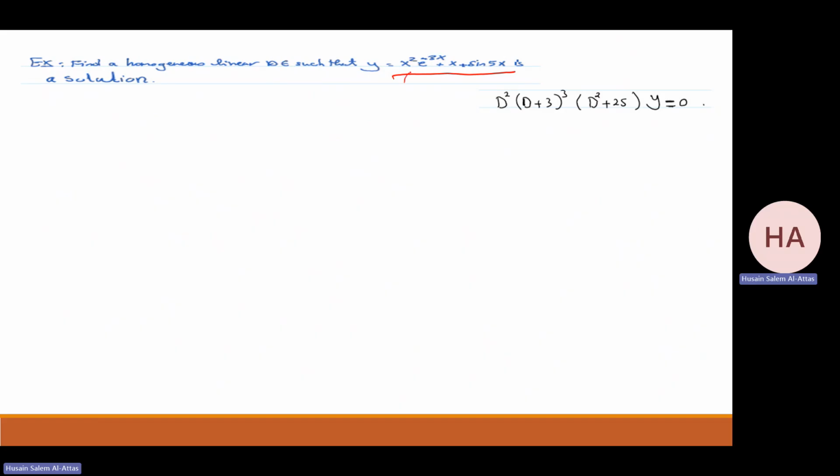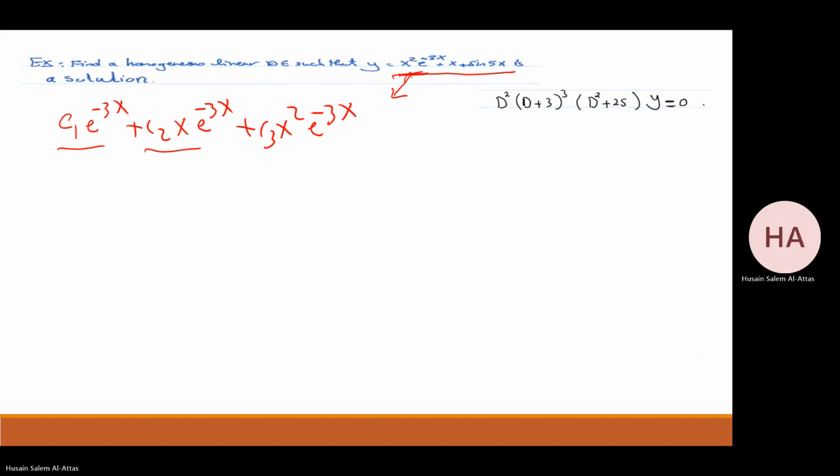So when you say x squared e to the minus 3x, actually the solution is c1 e to the minus 3x plus c2 x e to the minus 3x plus c3 x squared e to the minus 3x, because you cannot reach x squared e to the minus 3x unless you do the previous ones. So when he says this is the solution, it means this is 0, this is 0, and this is 1.